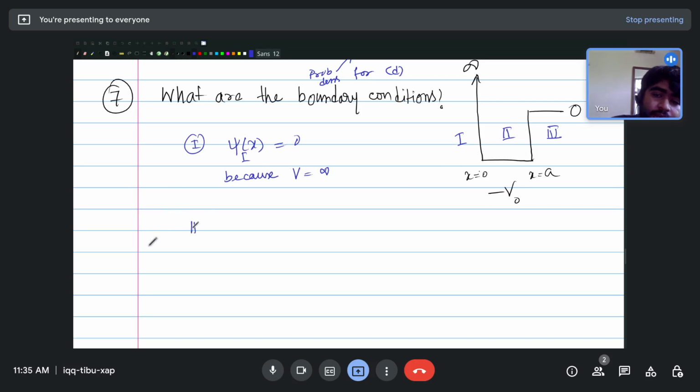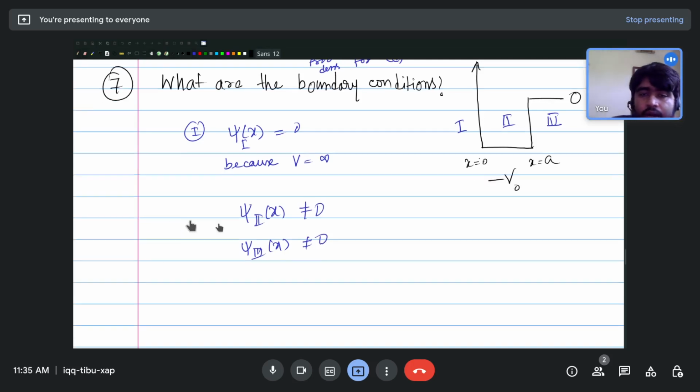In region 2, psi 2 of x will not be 0 because the potential is finite, and generally it will not be 0, and in region 3 also it will not be 0.